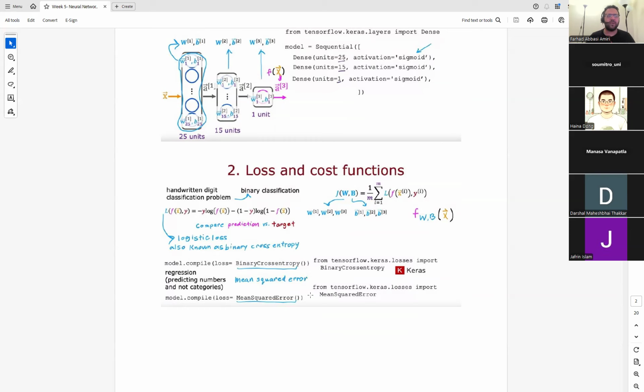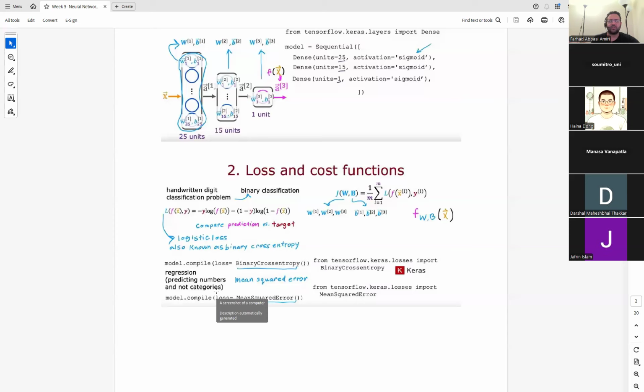But what if your application is regression, like the price of the house that we used as an example of linear regression? If this is the case, instead of binary cross entropy as a loss function, from TensorFlow Keras losses, you import mean squared error. Mean squared error is for regression applications when you're predicting numbers, not categories like cancerous, non-cancerous, cat or not cat, 1 and 0.